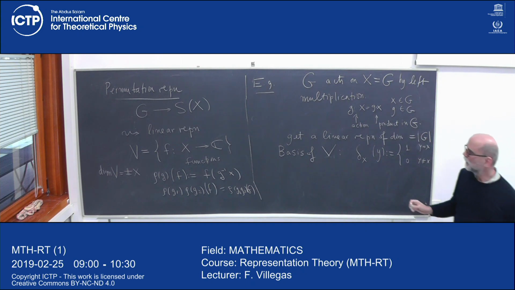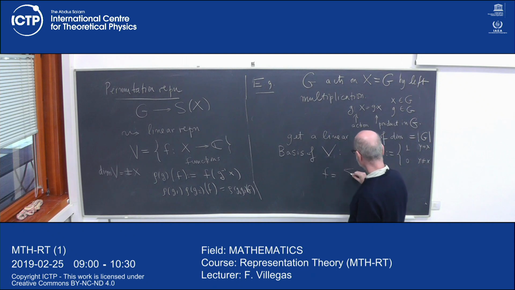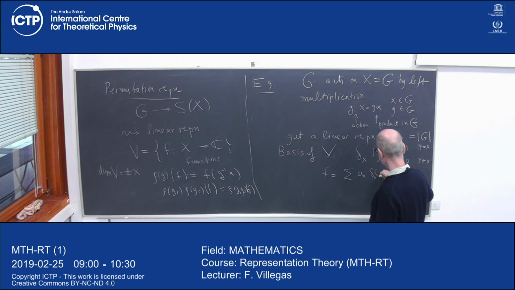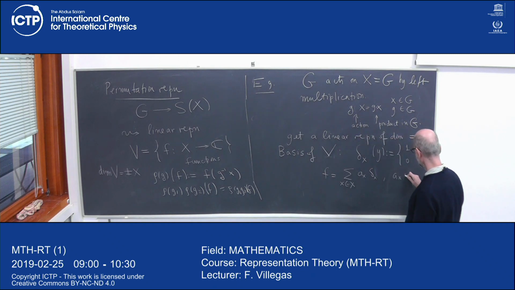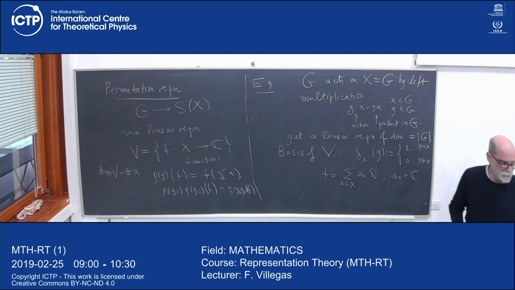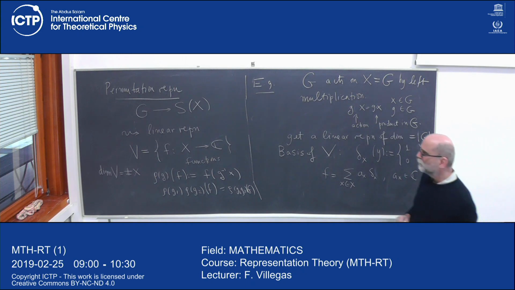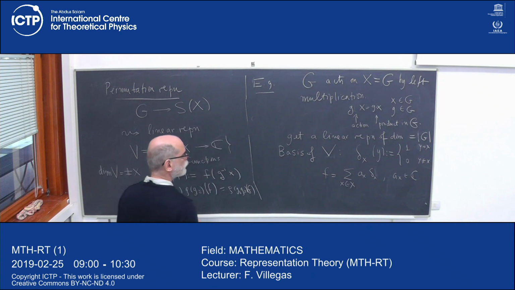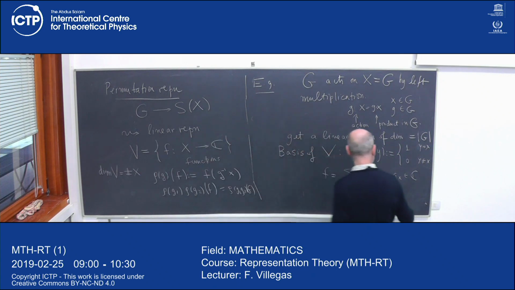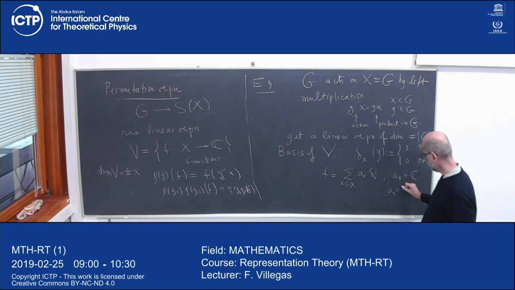Any function f is a sum of a_x delta_x. If you give me a function, it has a certain value a_x at x, and then I can recover the function as a linear combination of the delta functions. So a_x is nothing but the value of f at x.